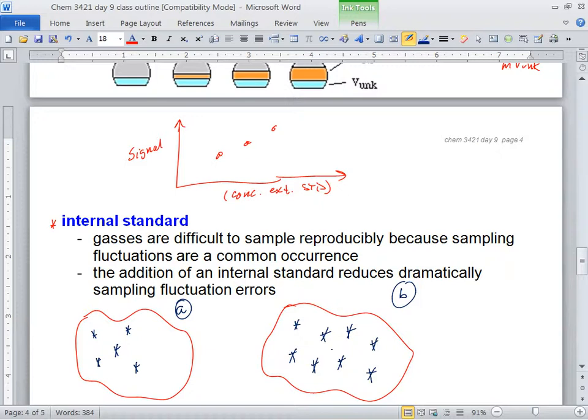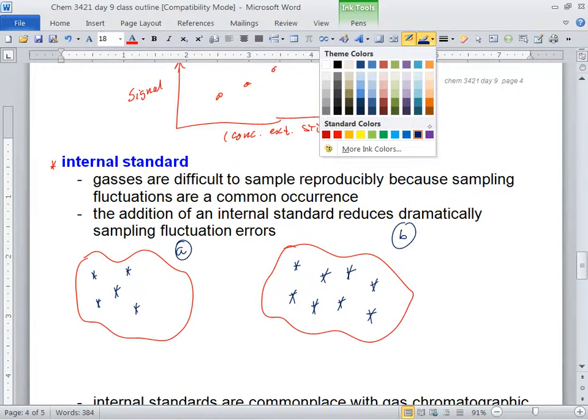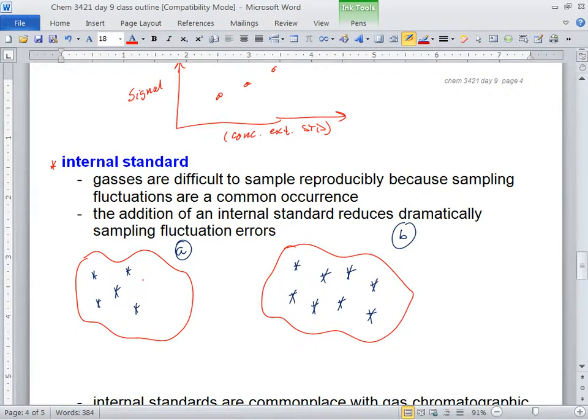So what they're going to do is not just, here's our external standard, right? We made up our samples, there's our external standard. What we need to do is also introduce a second standard. And this one that behaves the same, let's maybe make them red or something. Call them O's, okay?